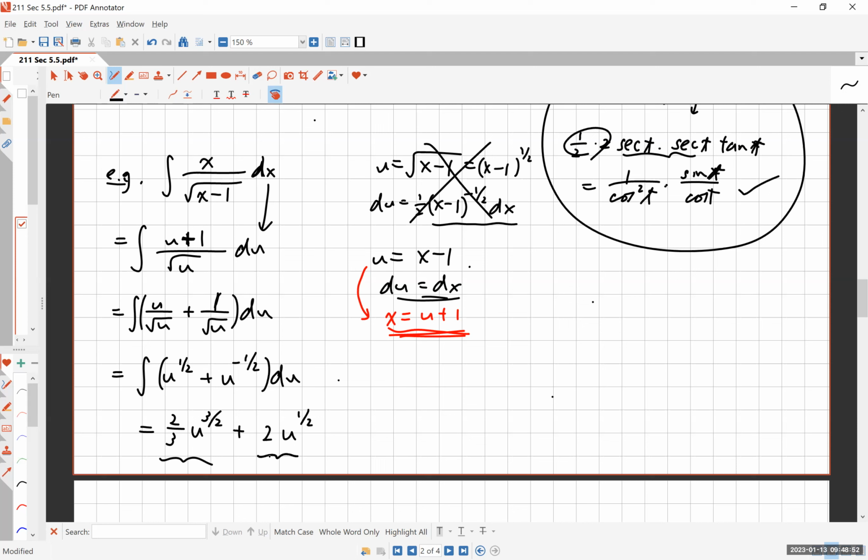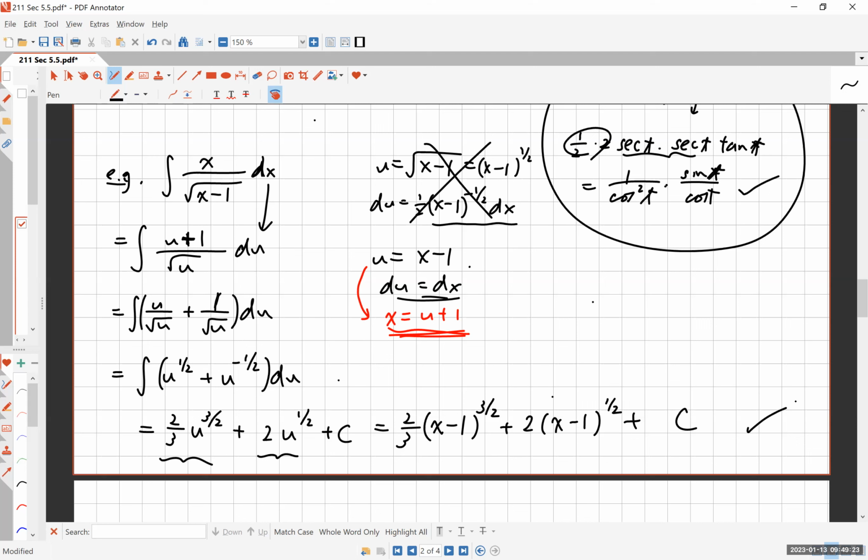Again, you can differentiate this mentally and make sure that you get u to the negative 1/2, which you do. Okay, so this is the solution using u, but remember, you can't use u in the final answer. So this will be x minus 1 to the 3/2. Okay, 2/3 times (x minus 1) to the 3/2, plus 2 times (x minus 1) to the 1/2, the square root, plus C. Okay, and there is your answer.